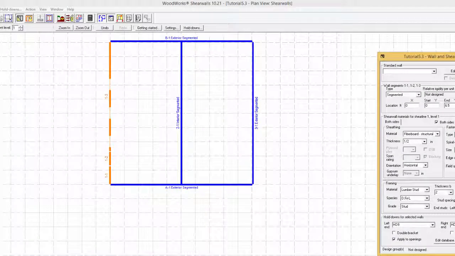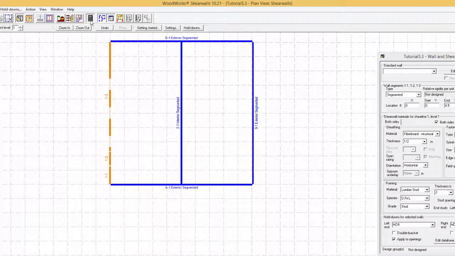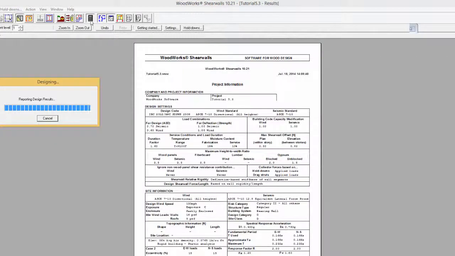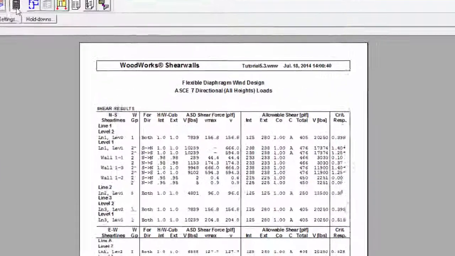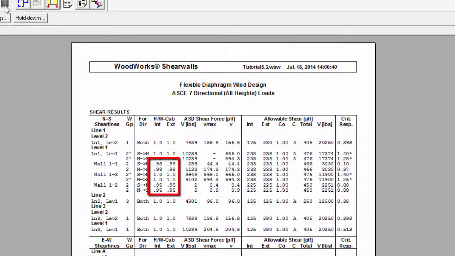We will now run the design. As you can see, for the three wall segments of line 1 level 1, the interior and exterior factors are the same on both sides and in conjunction with the following table.